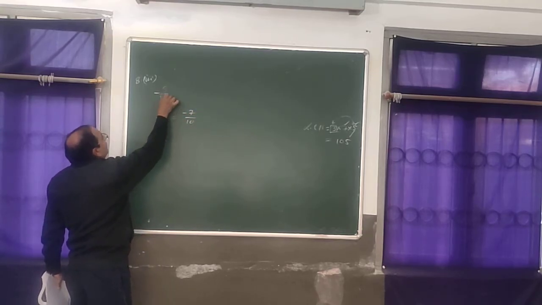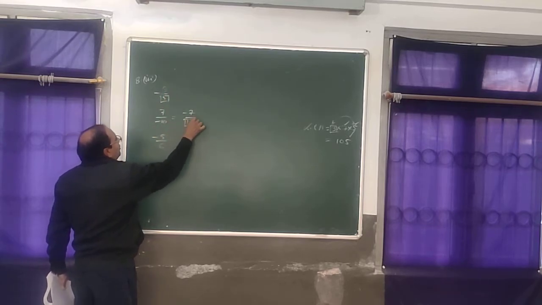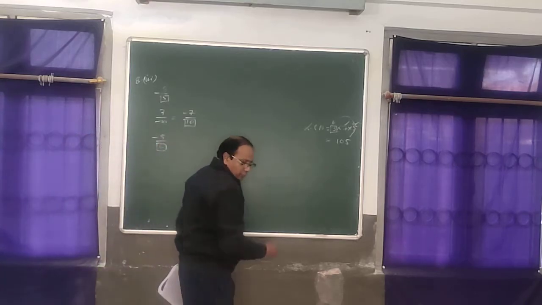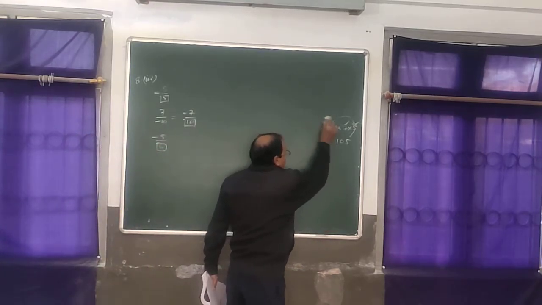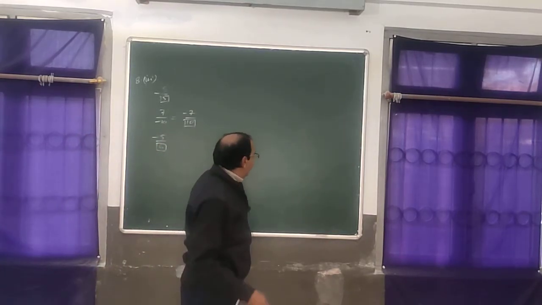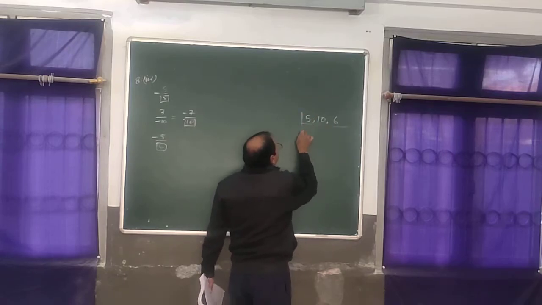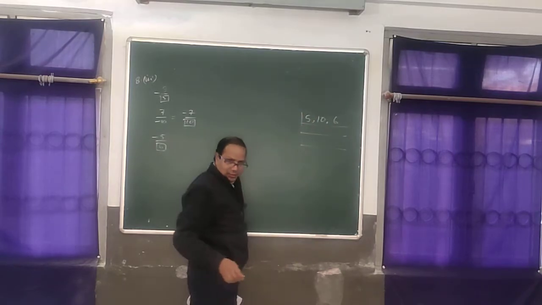So now look at the denominators, 5, 10, 6. So we have to go for finding the LCM of 5, 10 and 6. You know how to find LCM, you have learned in lower classes.